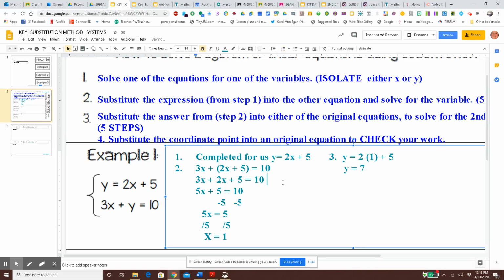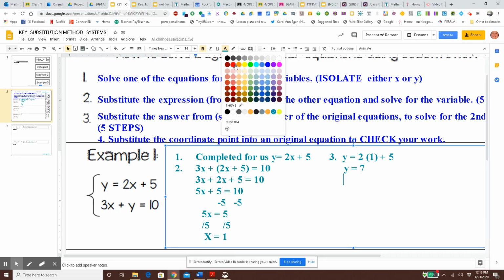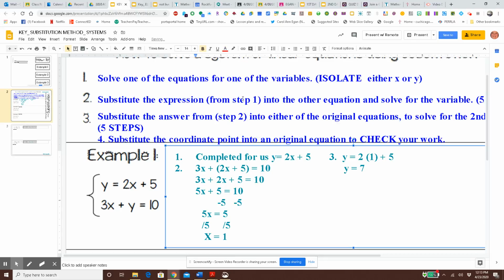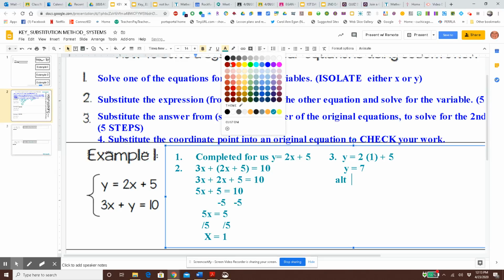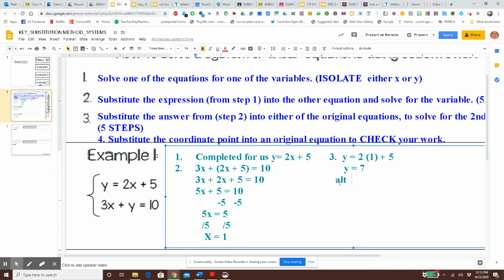Had I chosen to put it in the other equation, we do this in a different color so we know it's an alternate. It would be 3 times 1 plus y equals 10. You know 3 times 1 is 3.